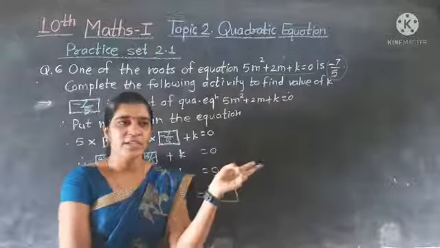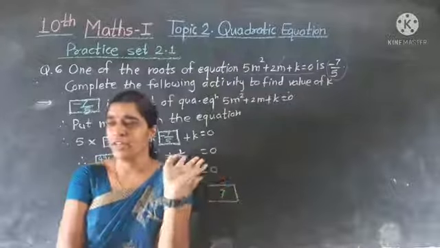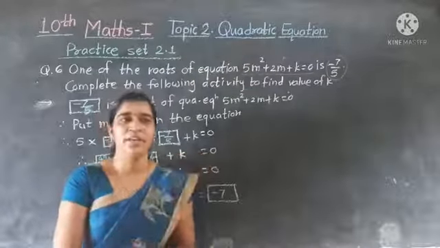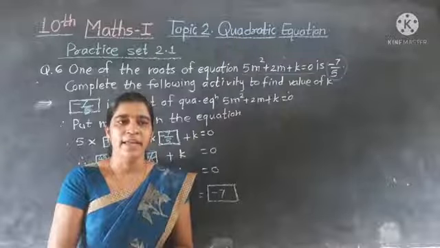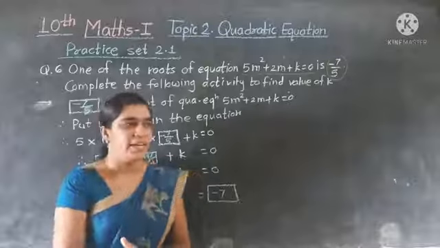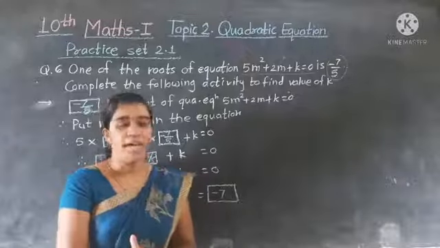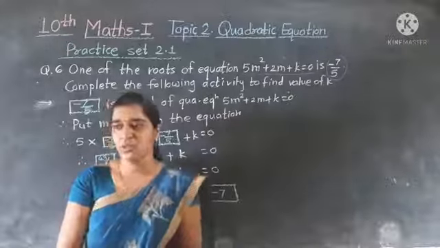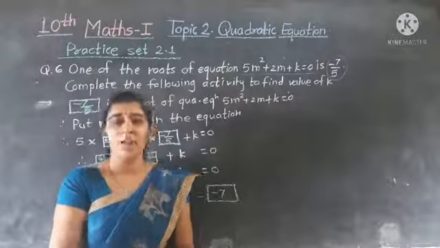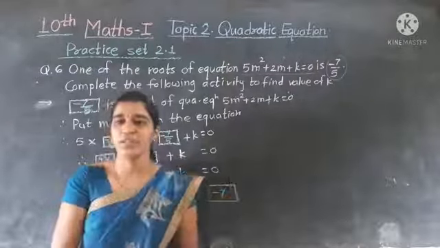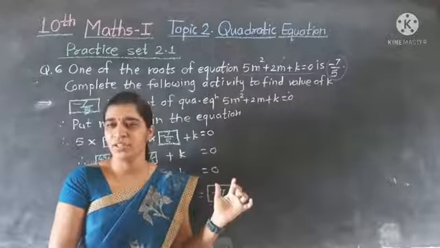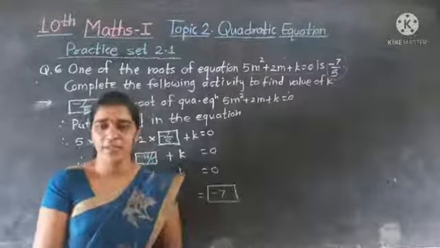Then we saw the standard form of a quadratic equation: ax square plus bx plus c is equal to 0, where a, b, c are real numbers and a not equal to 0. Also we saw the value of the quadratic equation, that is, the solution or root of the quadratic equation. Whether it is a root or not, we saw.